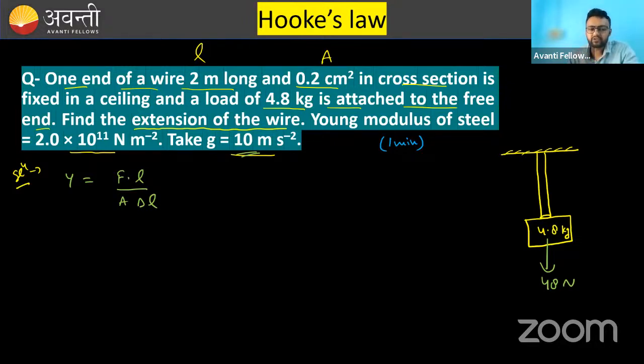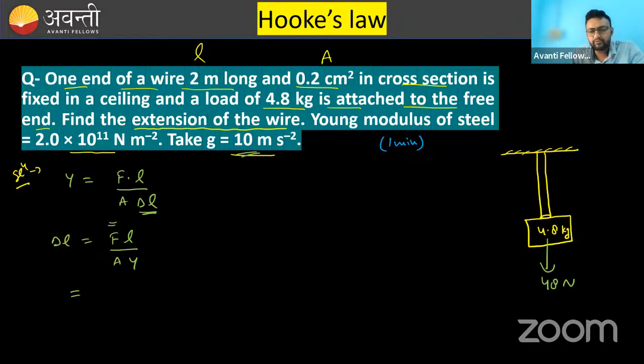That is the formula we derived in the previous slides. What we need to find is delta L, so delta L is equal to FL over AY.